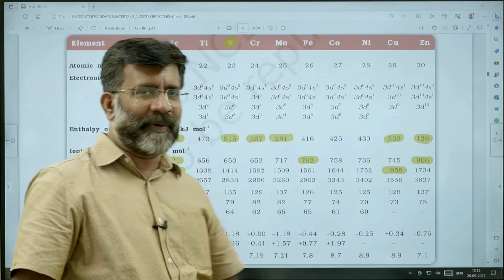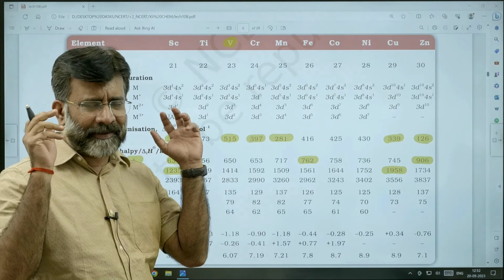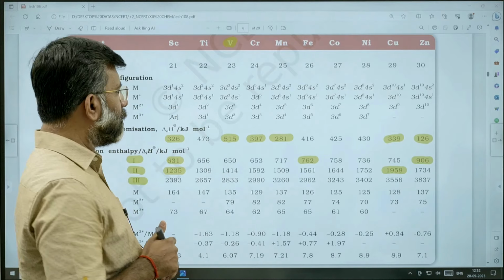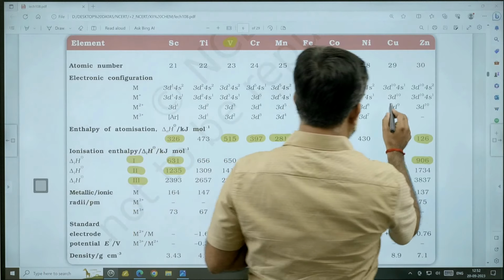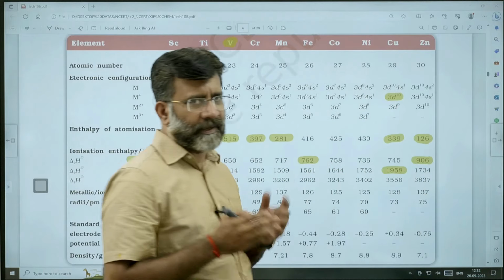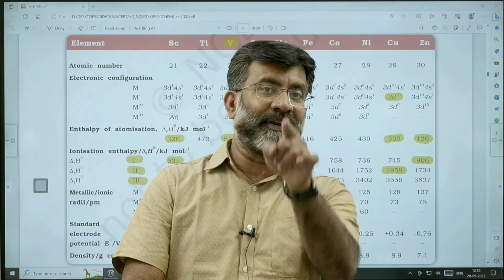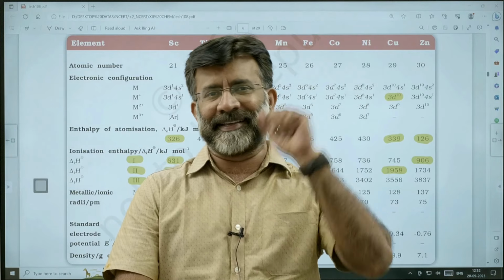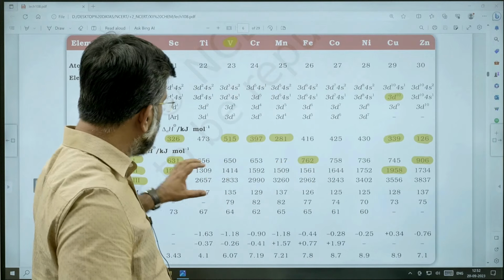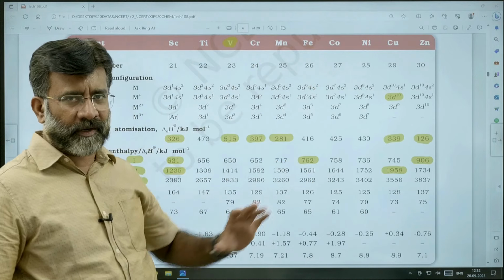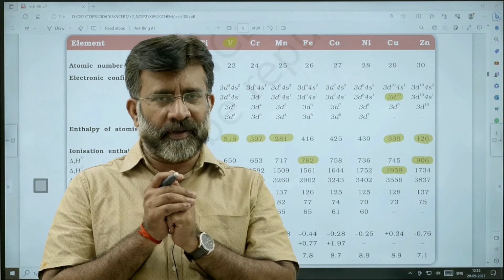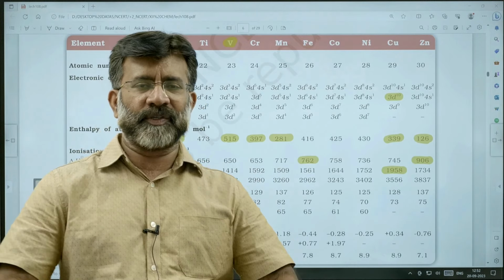It is copper, right? That is quite interesting to see, because for second ionization enthalpy, copper is getting a D10 configuration. So removing one more electron from D10 will be tough, no? So the value is increasing. So you can relate these values with the electronic configuration, and how that electronic configuration can be correlated with the ionization enthalpy values.